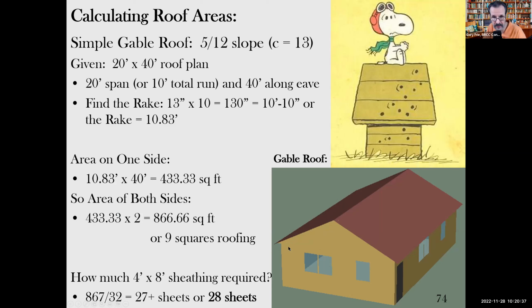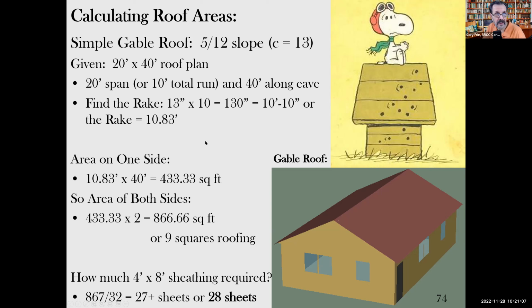And then along the front edge of that big wide red roof on one side, you're looking at 40 feet along there. So 20 by 40. If you go halfway across that gable, half of 20 is 10 feet. But along the length of that roof, that's going to be a different slope.